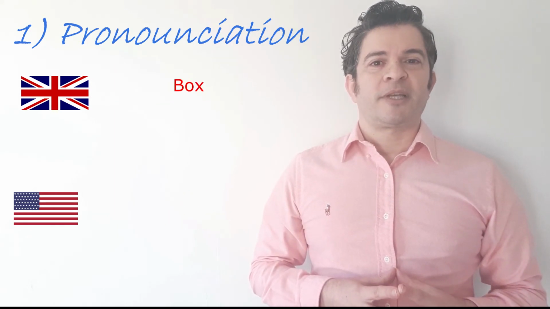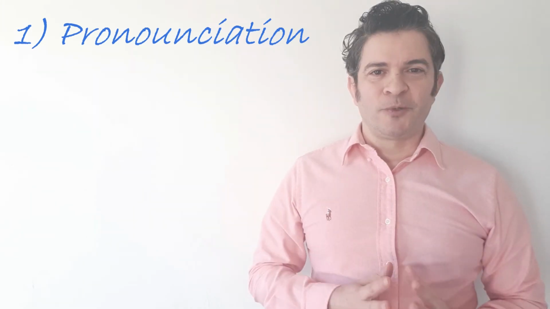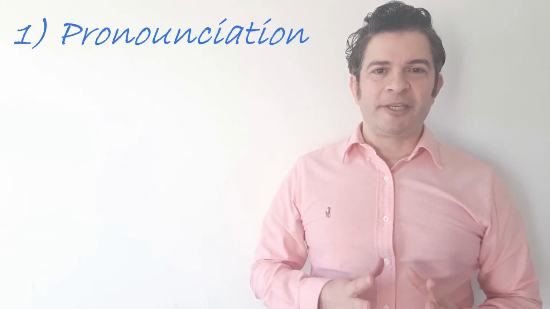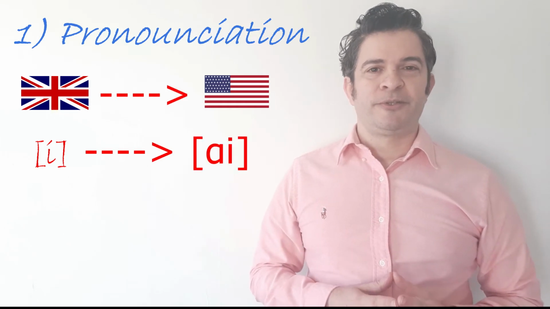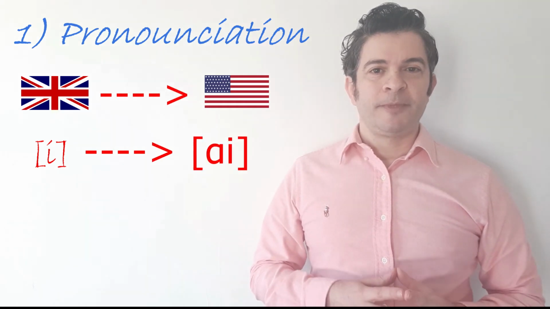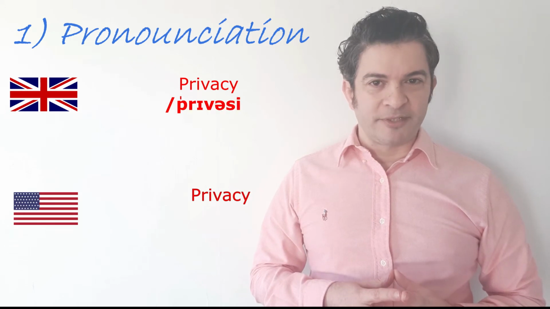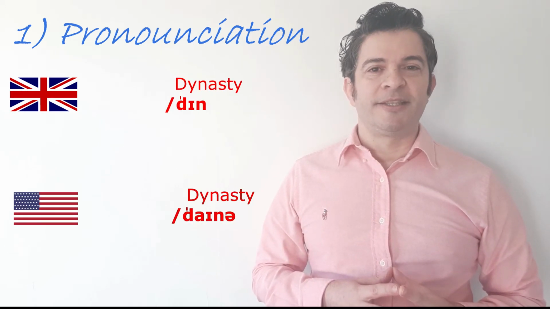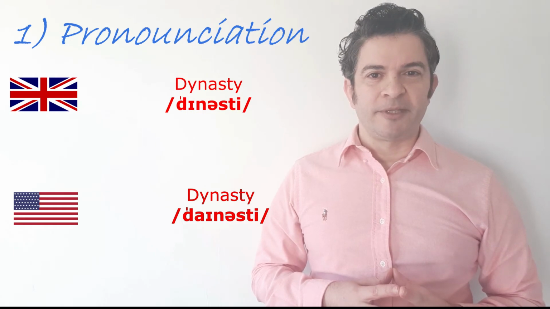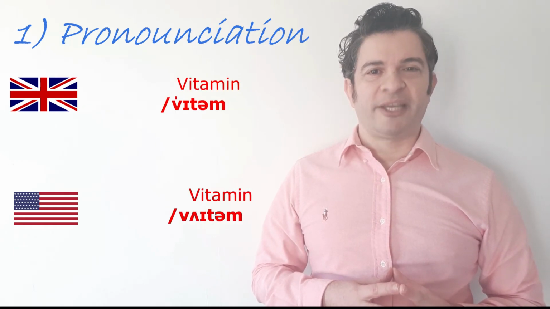Box is pronounced as box. The next one is the E, which is pronounced as I in American English. So privacy is pronounced as privacy. Dynasty is pronounced as dynasty. Vitamin is pronounced as vitamin.